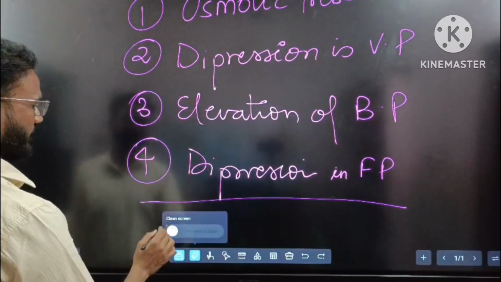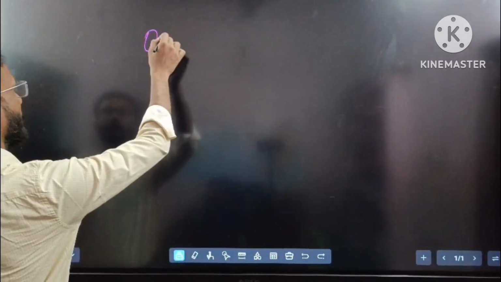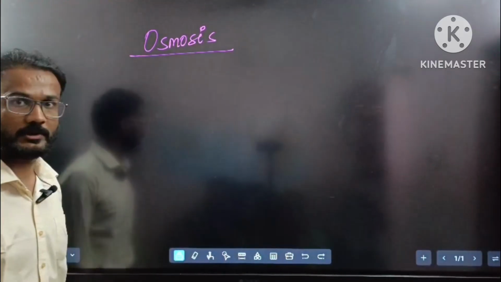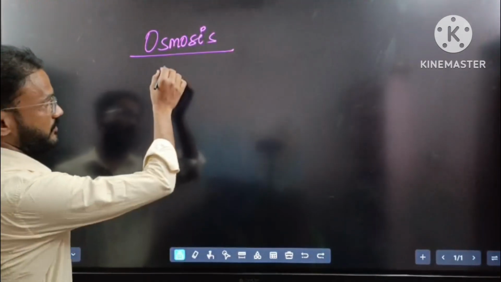So what is osmotic pressure? For osmotic pressure we have to know about osmosis. So what is osmosis?